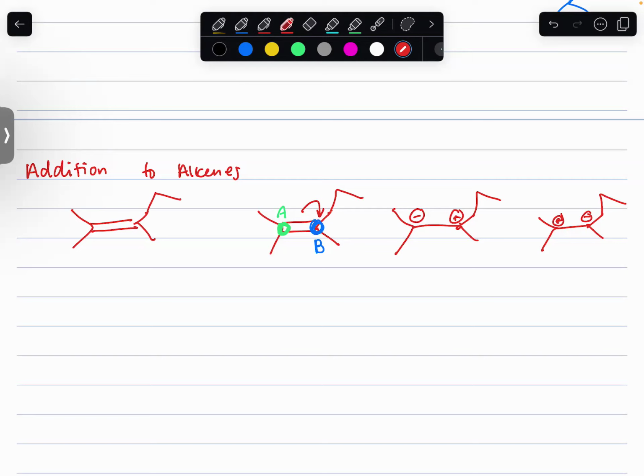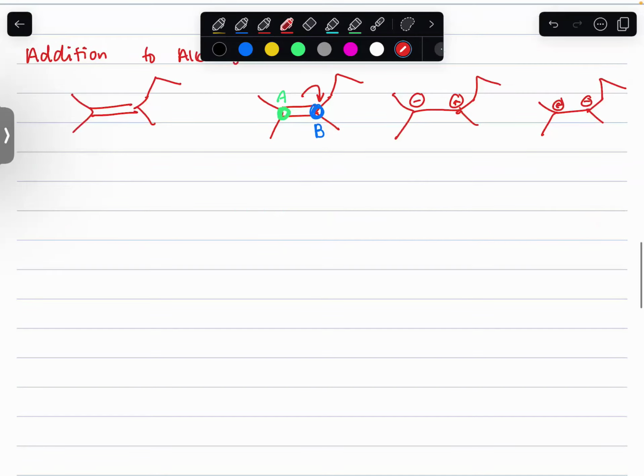Because it's all hydrocarbons, there's no real pulling force for the electrons. So they could end up on either carbon. Meanwhile, if we had an alkene that looks like this, electronegative atoms like oxygen or nitrogen or sulfur are better at stabilizing changes in electron charge. So they're better at holding on to a negative charge or a positive charge.